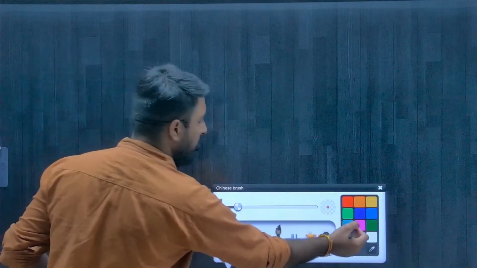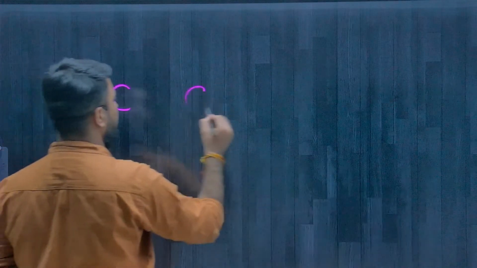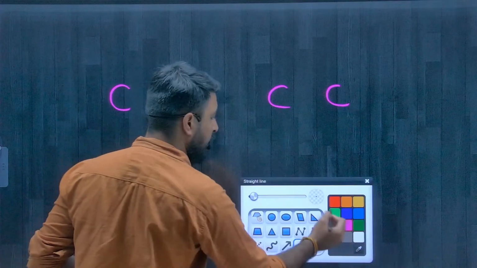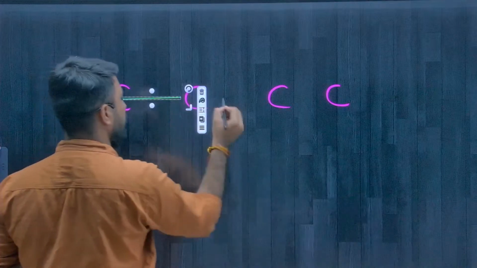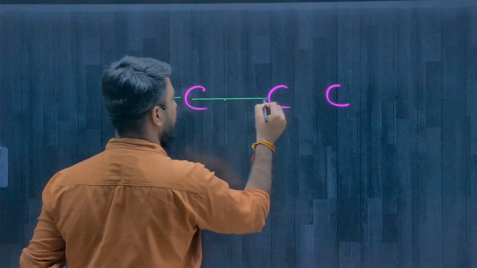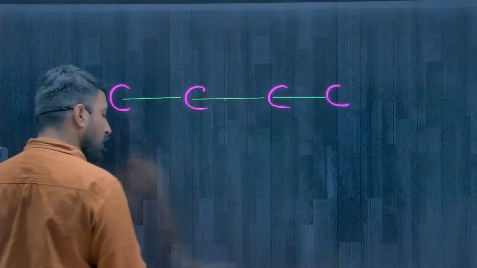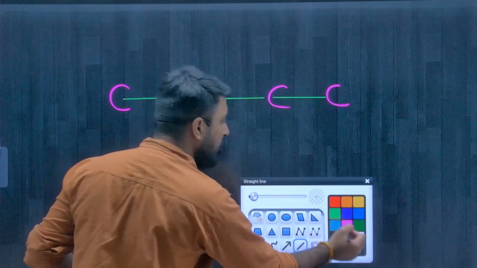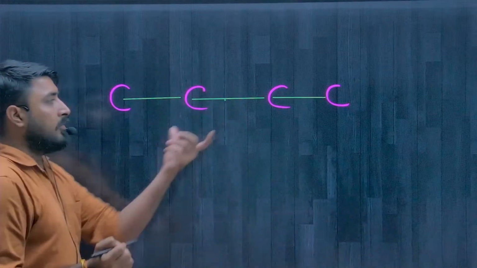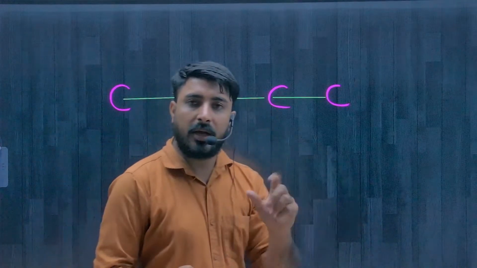So first we draw the four carbons and make single bonds between the carbons. Always make single bonds between the carbons first, and then as there are four carbons, we put any two carbons and make them double bonded.